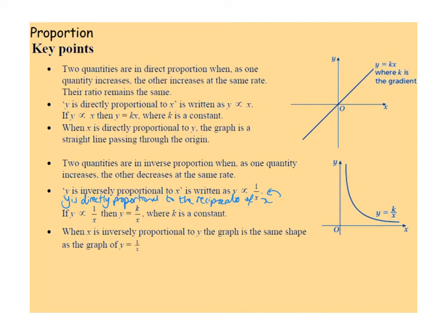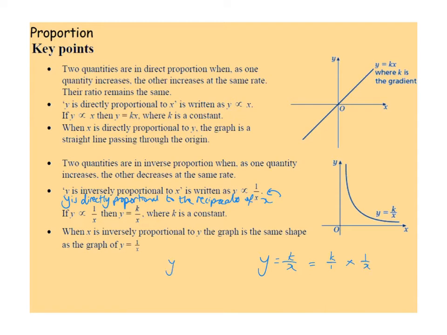And importantly, it's useful to realise that when there's inverse proportionality, then you get a graph that's similar to the graph of y equals 1 over x, a reciprocal graph. And if you think about that in terms of transformations of graphs, y equals k over x is the same as y equals k over 1 times 1 over x.